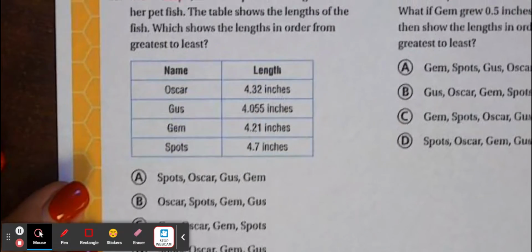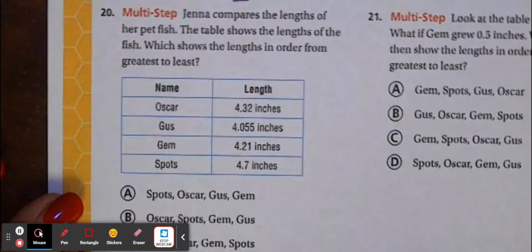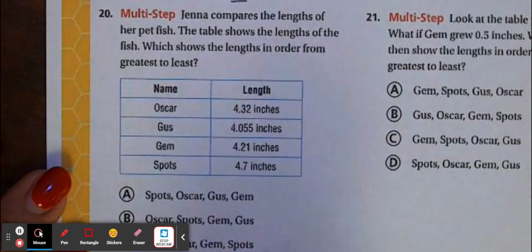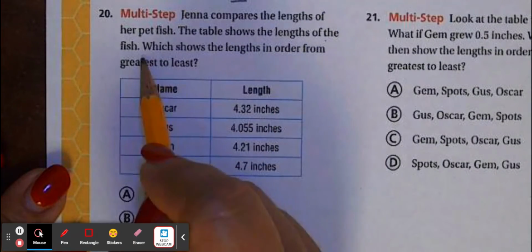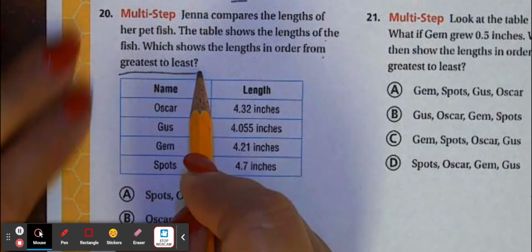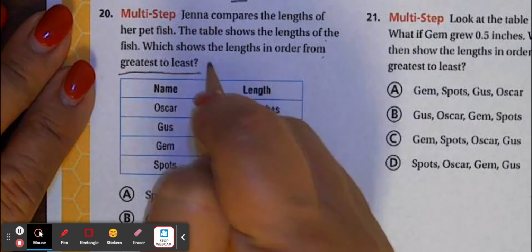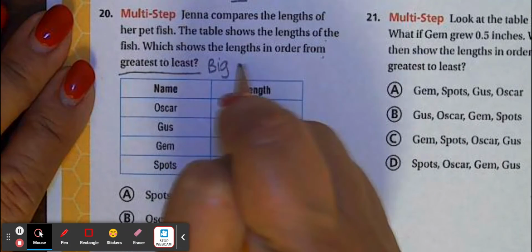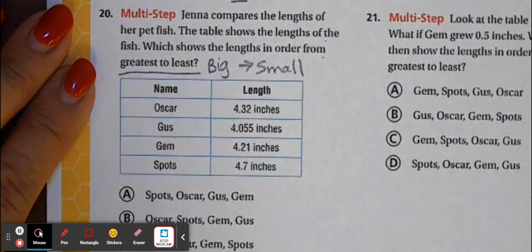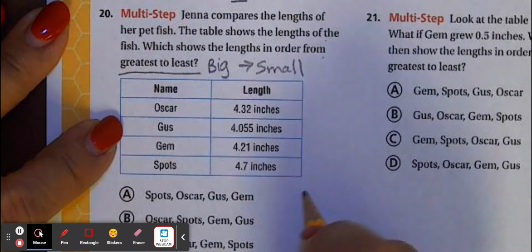All right, let's do number 20. It's a multi-step. Jenna compares the lengths of her pet fish. The table shows the lengths of the fish, in order from greatest to least, or biggest to smallest. If you need to write from big to small, then do so to help you remember. I'm going to list these.